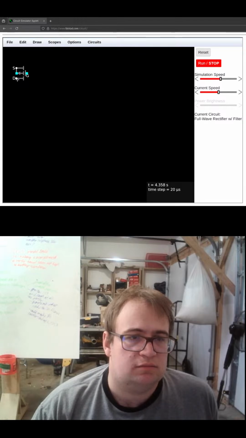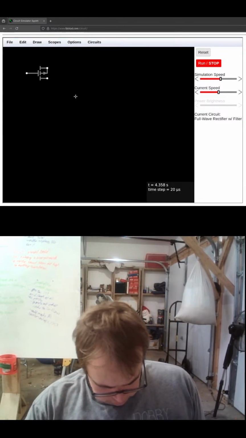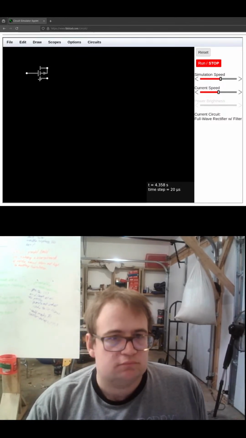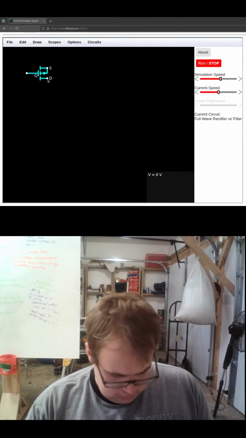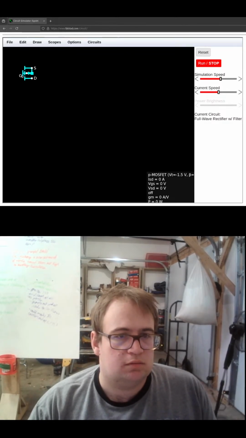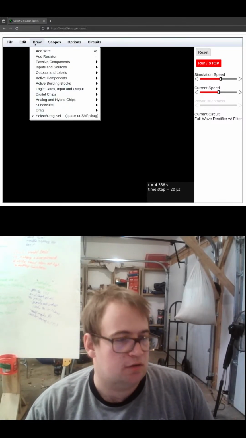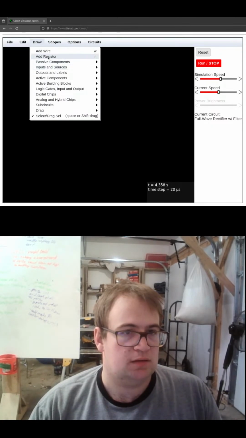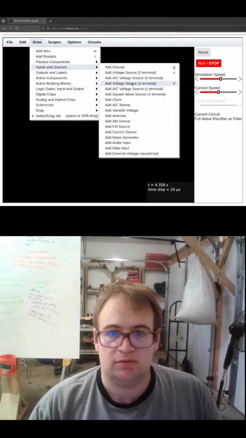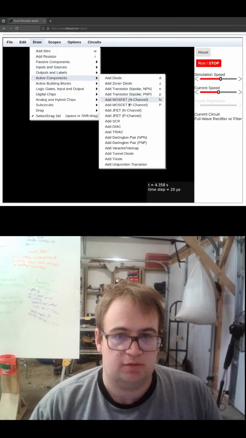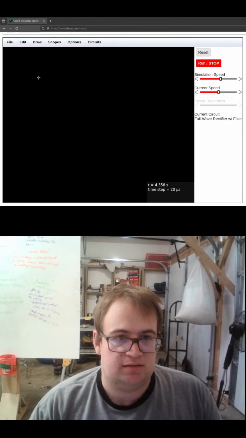There we go. Okay, wrong way. Draw. And sources. No, this one. Active components. MOSFET.